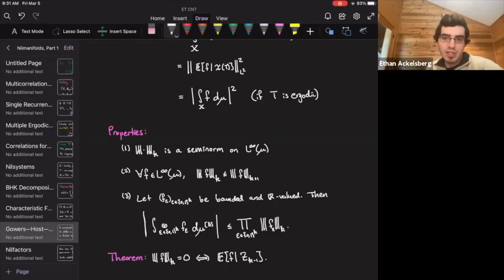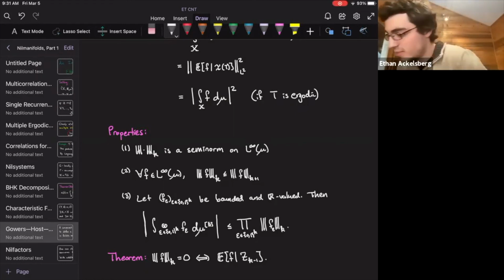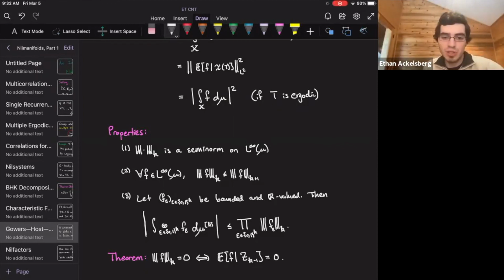So the seminorm is equal to 0 if and only if its projection onto the k-1 factor is 0. We saw this in this sort of trivial case where k is 1. Z0 is the invariant sigma algebra, and this works out fairly easily, but this continues on and gives a way of understanding these factors.